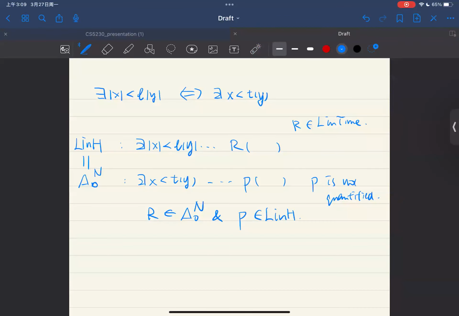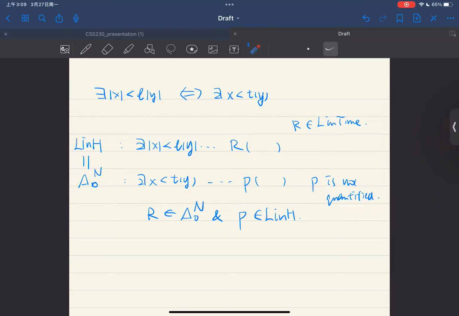So here we need to write a bit more. This one would be a typical expression for the linear hierarchy, and this one would be a typical expression for a Delta 0 definable subset. And this R is in linear time, and this P is something without any quantifier. So we want to prove that these two things are the same.